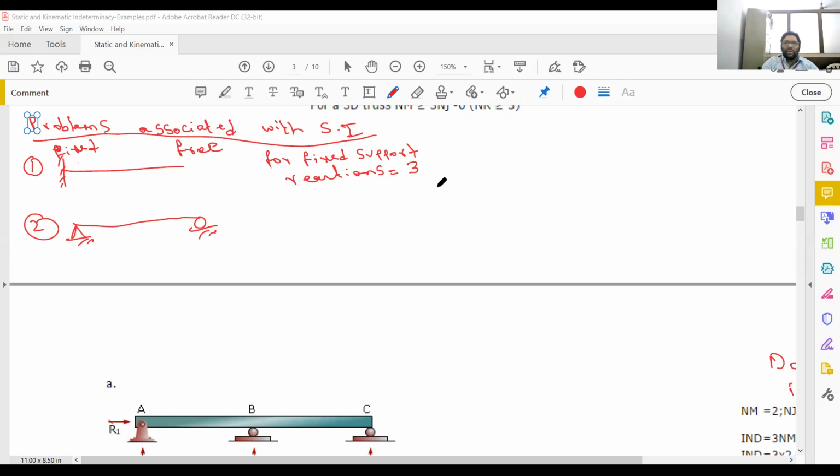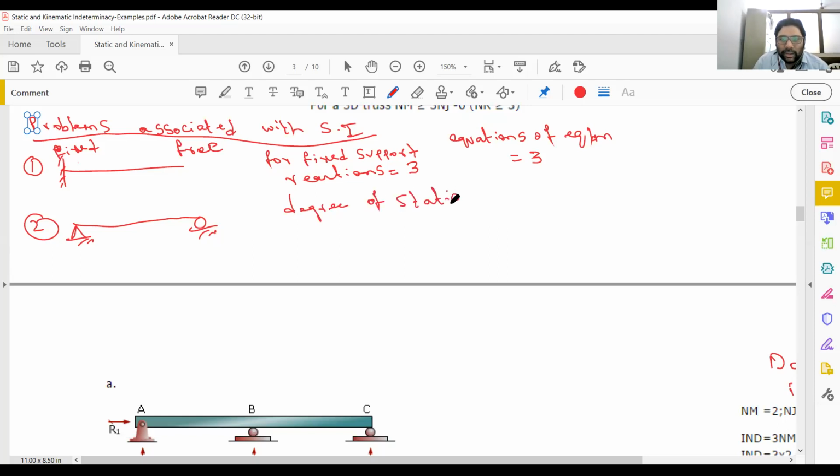No. So, no reaction at the free end. Very good. Equations of equilibrium. How many are there? 3.